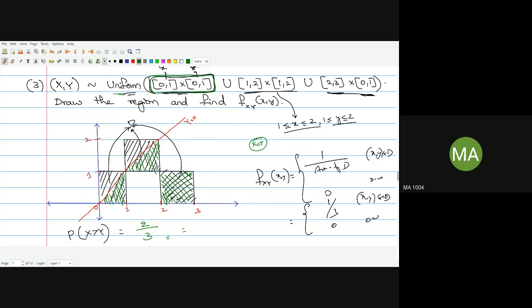What I have to do is add up all the values on this particular line. Only these are the possible values. When x equals y, the points on this particular line are the possible values. Correct? Yes, sir.